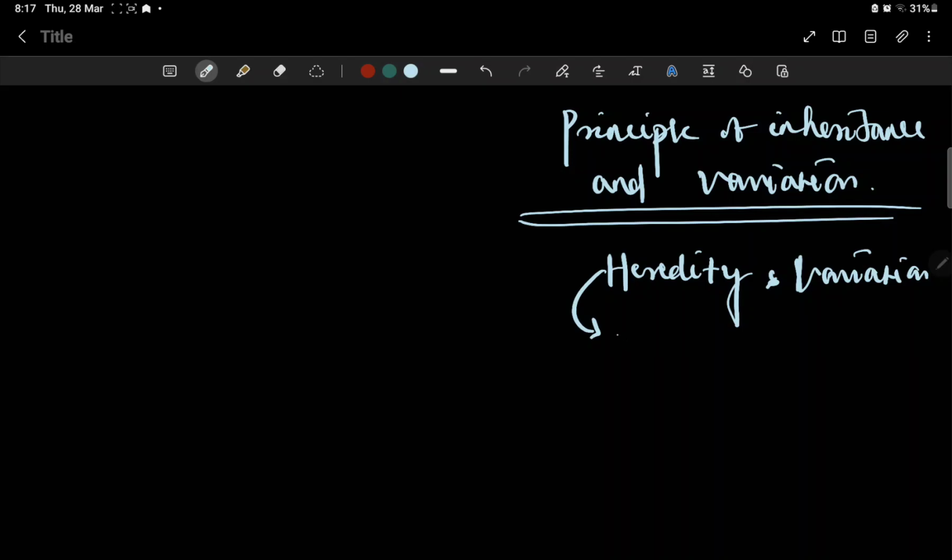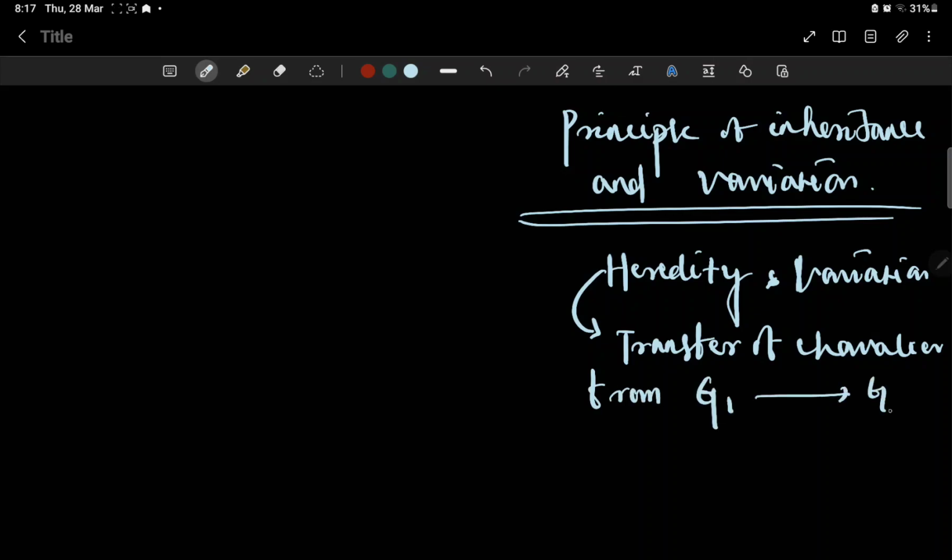Heredity is the transfer of character from one generation to the other. If there are two generations G1 and G2, transfer of character from G1 to G2 happens due to heredity.